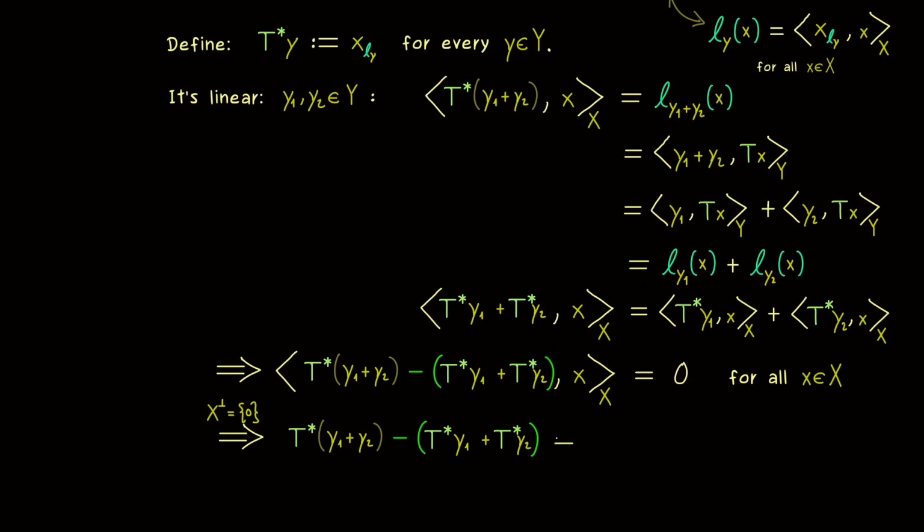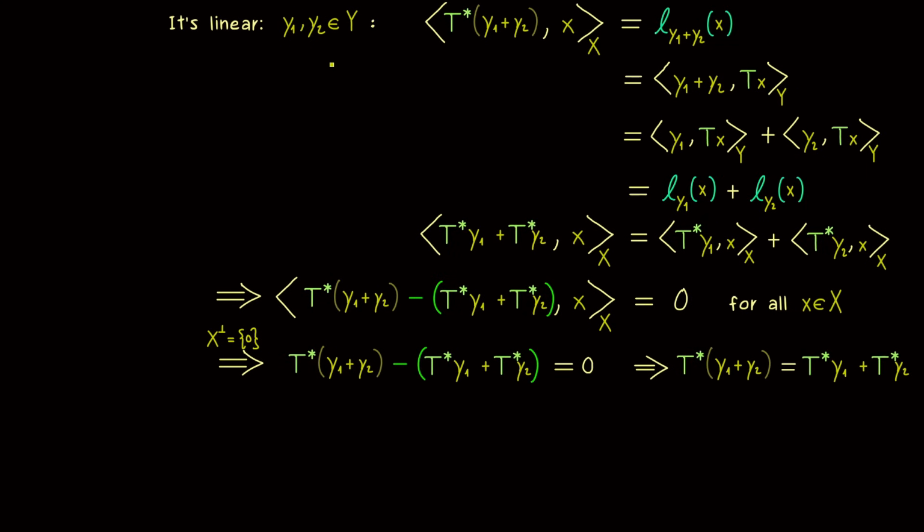Therefore we get our result here, this is the 0 vector and the inner product is gone. So the first part of linearity is shown, we can pull out the addition. And for the second part, we need to show that we can pull out a scalar.